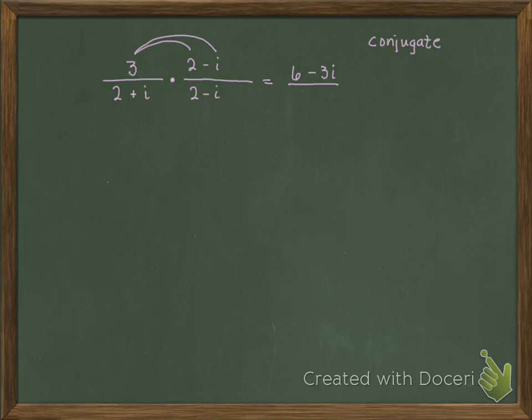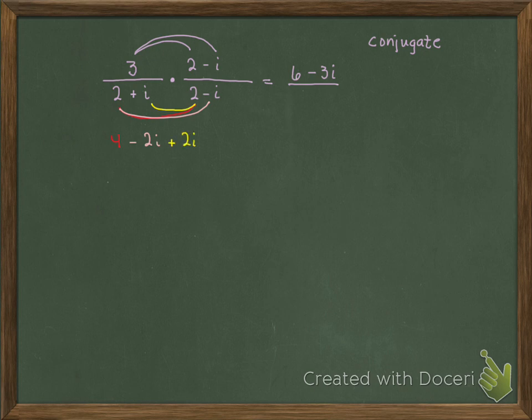Okay? And then in the denominator. So I'm going to show you what happens here, and then I'll show you the shortcut. Okay? We're going to multiply 2 times 2 to get 4. Then we'll go 2 times -i to get a -2i. And then we'll go straight to these middle terms here to get plus 2i.